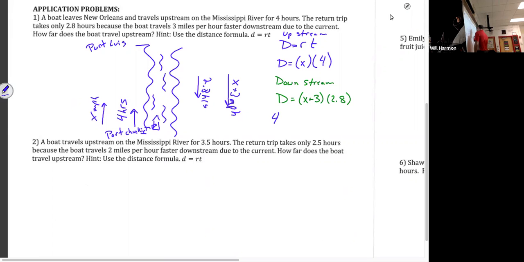So 4x must equal x plus 3 times 2.8. So let's go ahead and distribute this. So that's 4x equals 2.8x. Now 3 times 2.8 is 8.4. You can check me. I could be wrong.